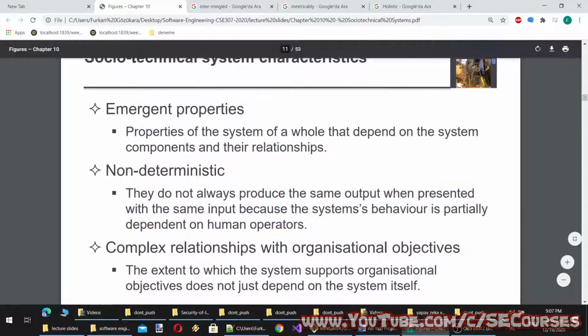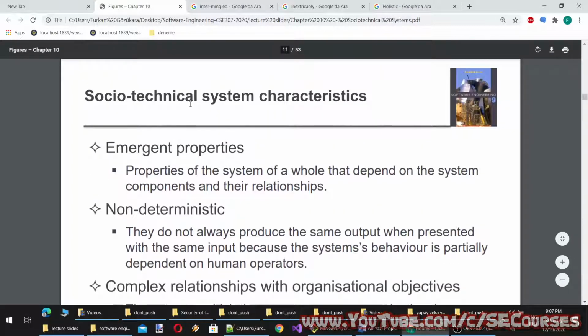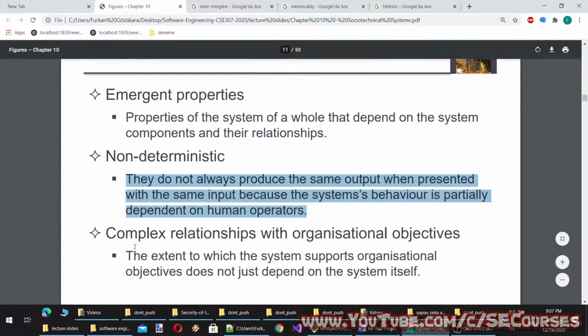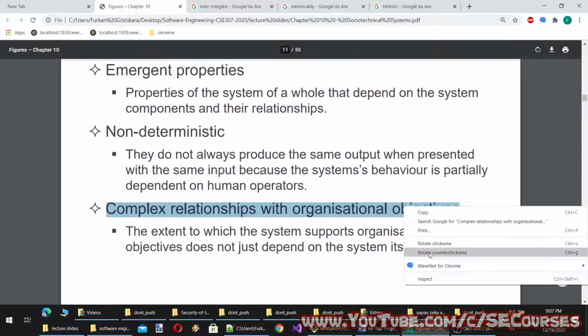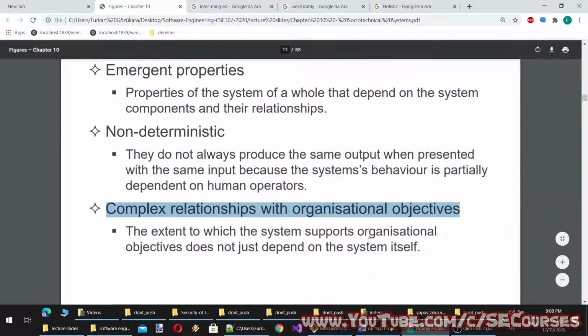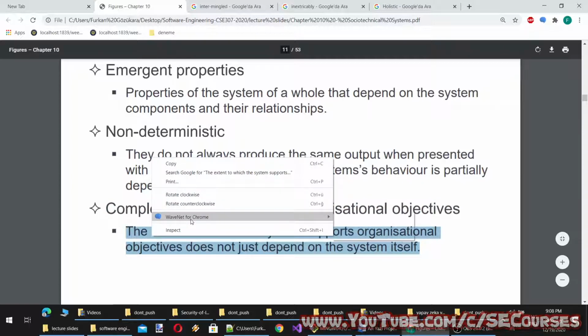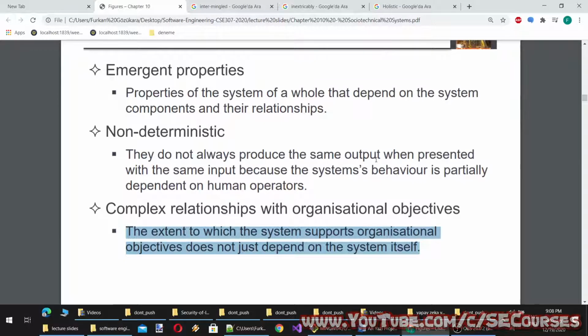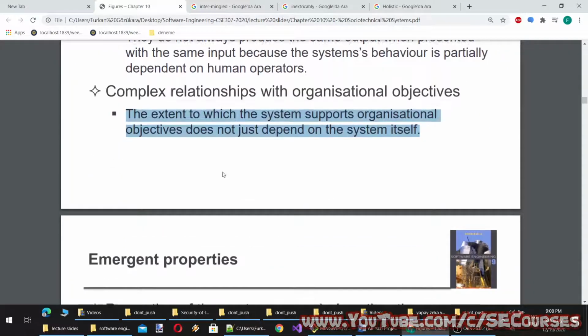So you see the difference of socio-technical systems mainly is this one. The system behavior is partially dependent on human operators. Okay, therefore it is not deterministic. Complex relationships with organizational objectives: the extent to which the system supports organizational objectives does not just depend on the system itself.